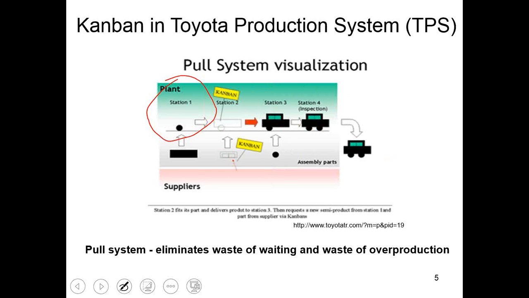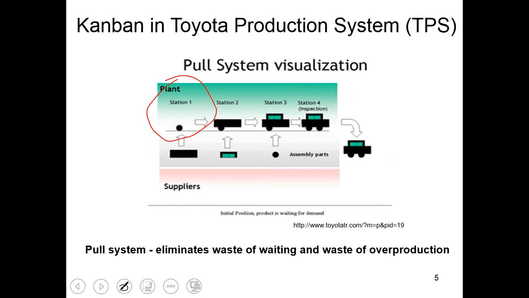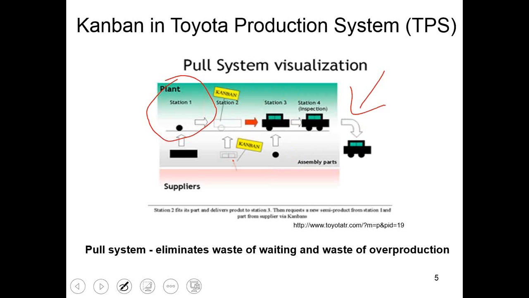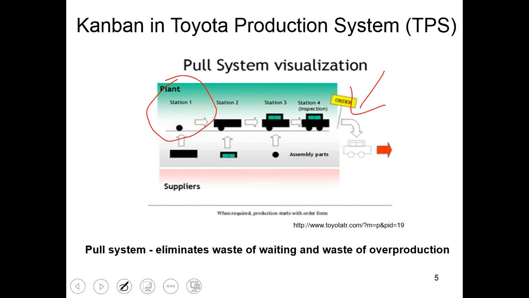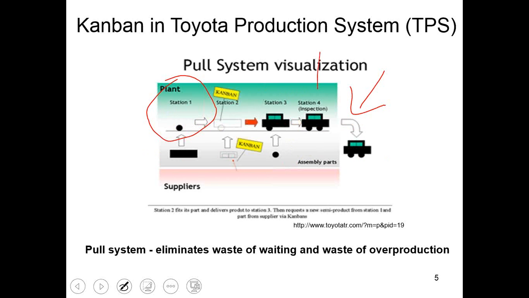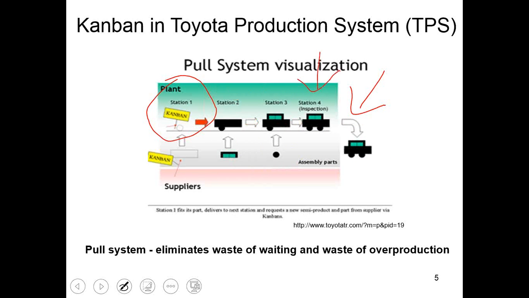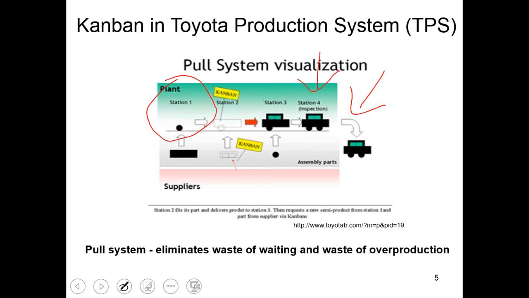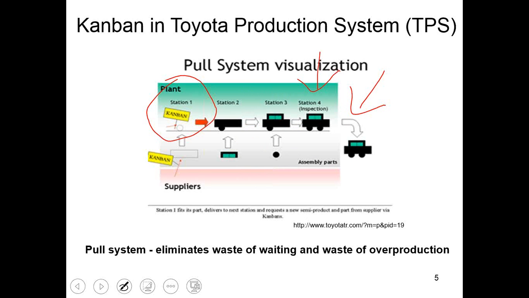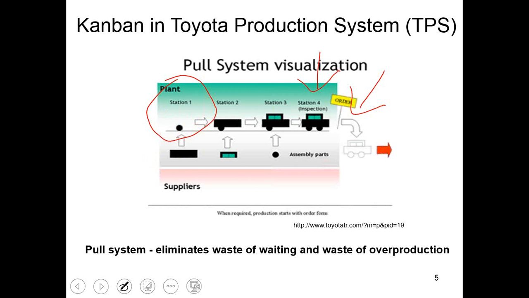In Toyota, any manufacturing request used to be driven by an order from a client. When a client makes a request for manufacturing of a car, station 4, which is the last stage in the pipeline, triggers the Kanban card for station 3, which is just one level up in the pipeline.